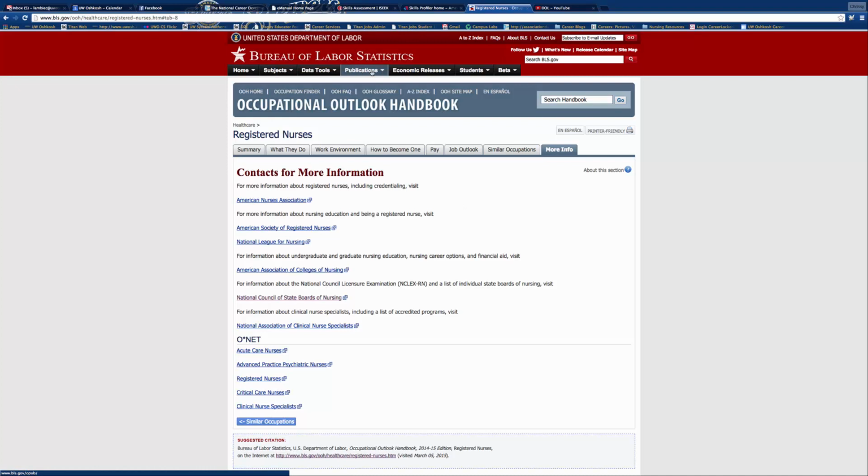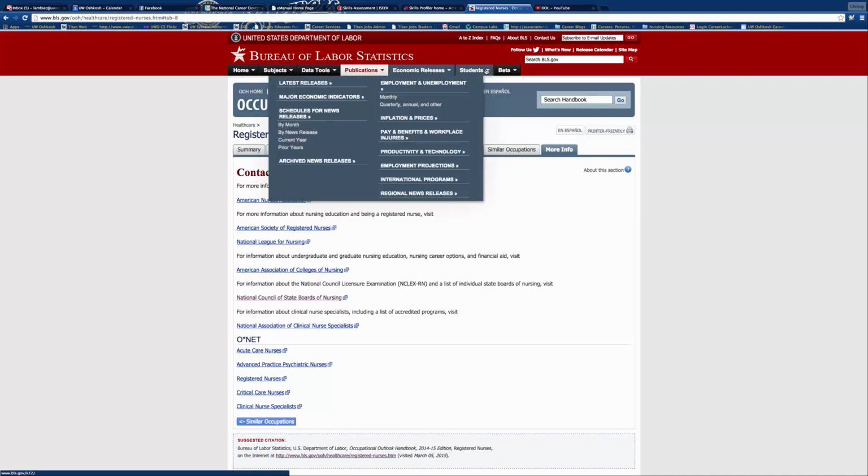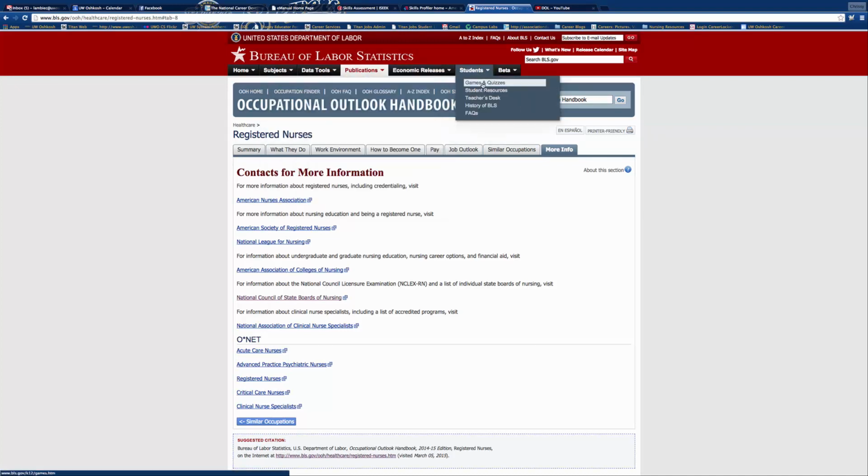But obviously there are some more things that you can certainly explore. There is a Students tab. The Students tab is really for more, I would say, K-12 than for adult students, secondary or university students. So just keep that in mind. If you really want to get to the A to Z index real fast, there is a quick tab at the top as well.